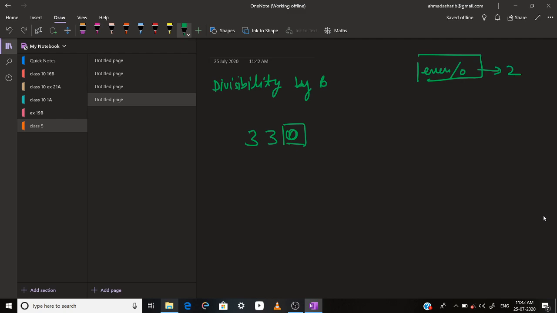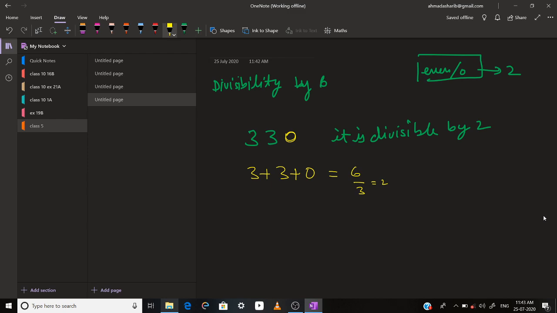Now if I ask you if 330 is divisible by 3 or not, how are you going to check? You have to find the sum of the digits. So 3 plus 3 plus 0 is 6, and 6 is divisible by 3.